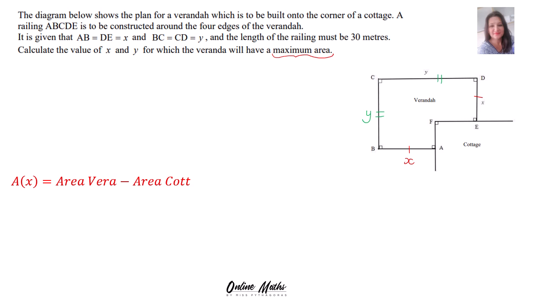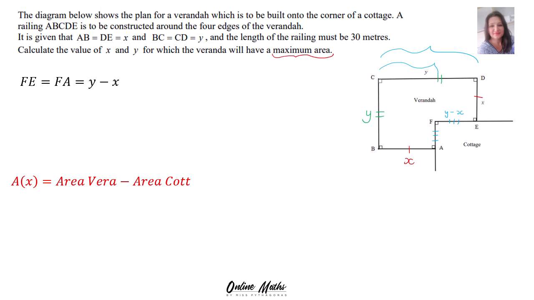Now, let's see. First of all, I want to show you something here. Do you understand that FE is equal to FA and they are equal to Y minus X? Now have a look. If you have a look at FE, then this whole CD is equal to Y, and then this little part up to there is equal to X. This is why FE is equal to Y minus X. And the same goes for FA.